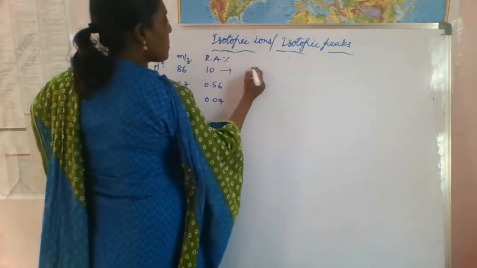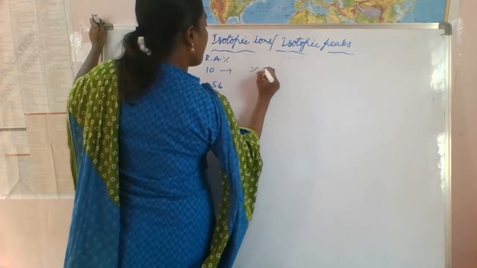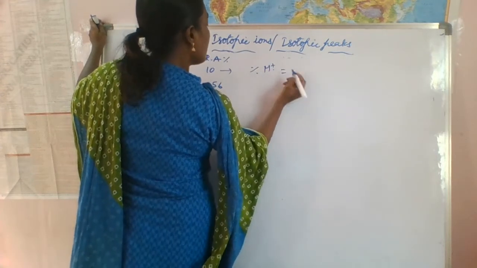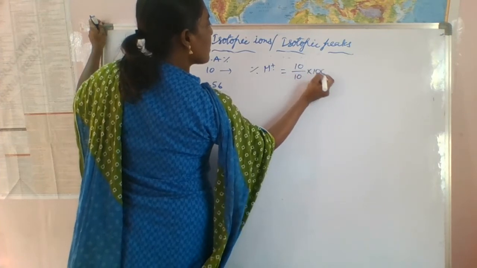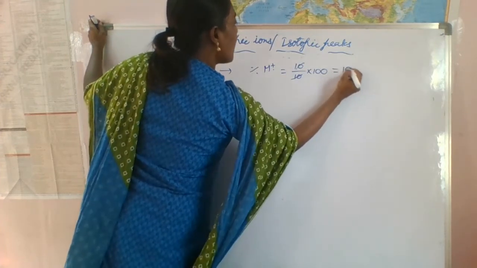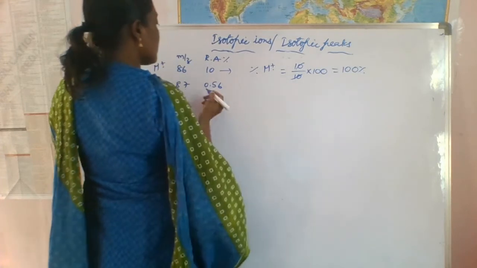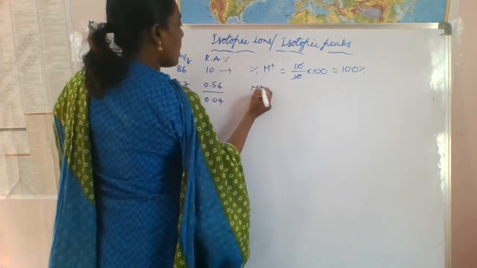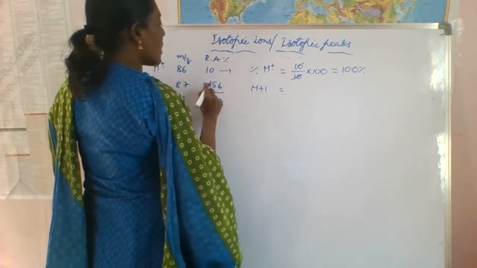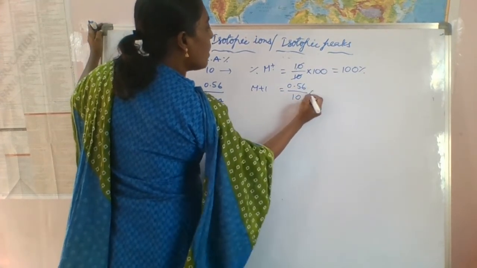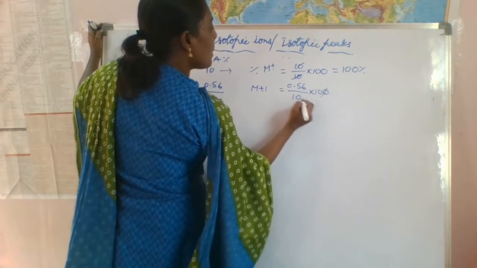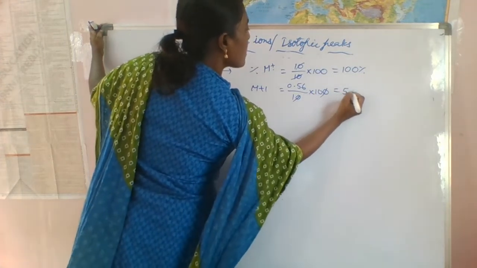So what is the percentage of the molecular ion peak? We take 10 by 10 into 100, so it is 100%. Next you take the M plus 1 ion: 0.56 by 10 into 100. What is the value? 5.6%.